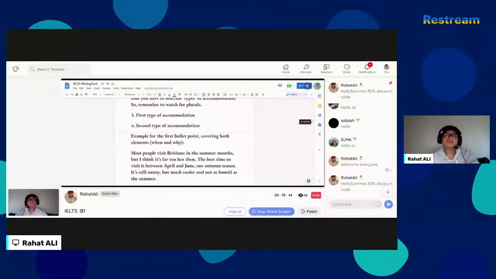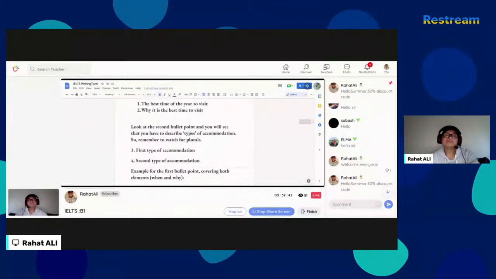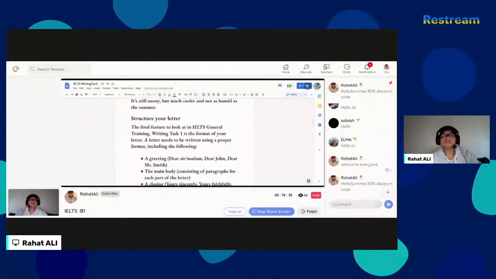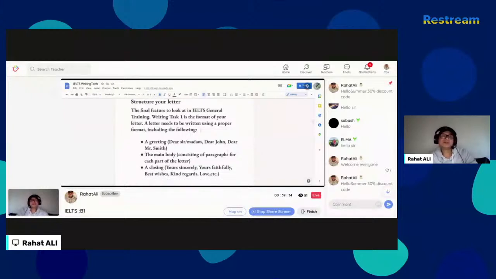So start like this. Structure of a letter is very important. A greeting, always, or salutation, sometimes it is called.